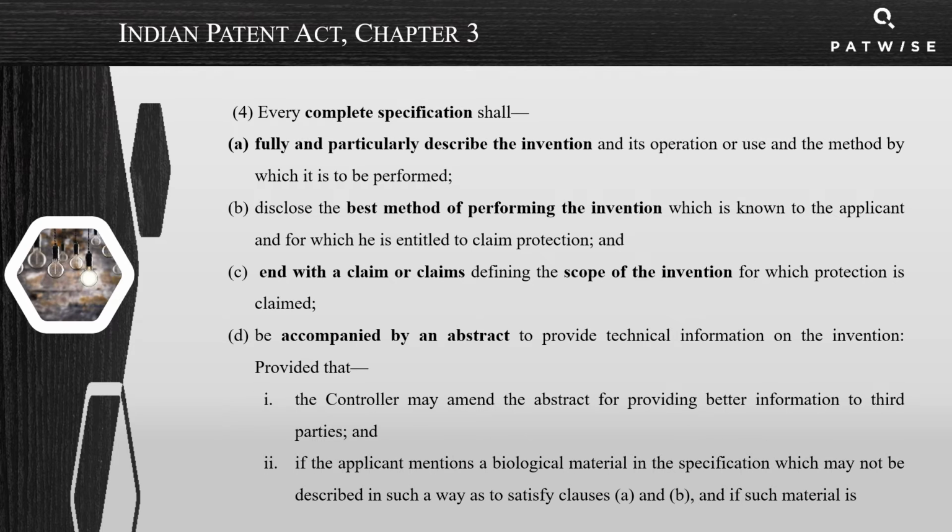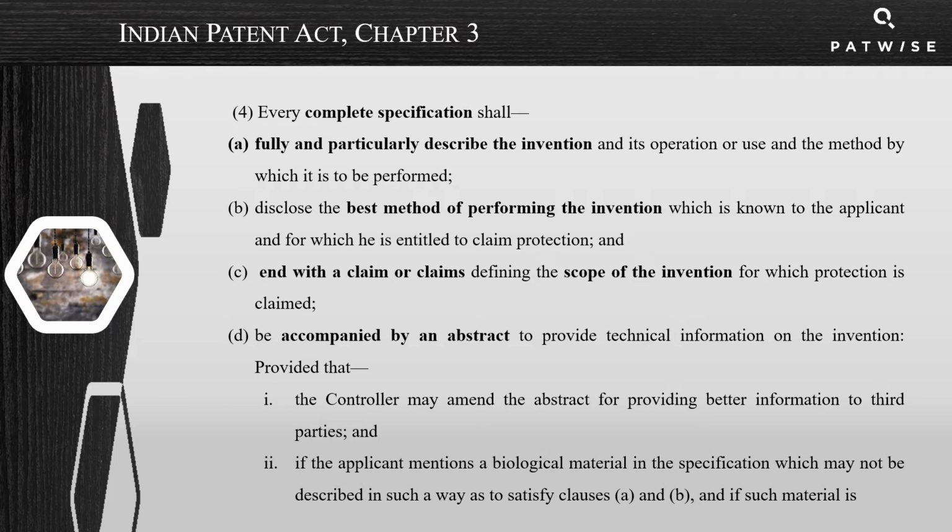Further, subsection 4 of section 10 details the very particulars of the complete specification. It is one of the important criteria of a complete specification. A. It should fully and particularly describe the invention, its operation, and the method in which the invention is supposed to be performed.